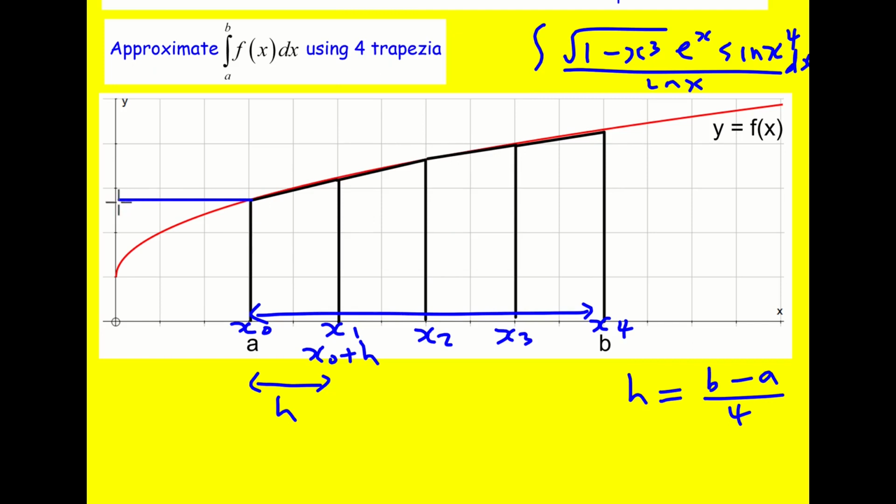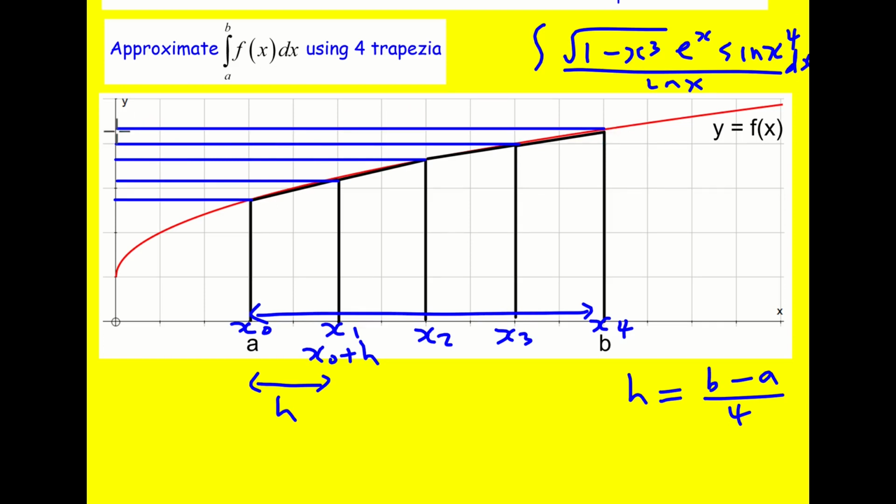So I'm going to draw these in blue, going along. I'm just showing you on the graph here where they would be. Obviously, we would just substitute into the function that we know, or we would know the function at that value, and then we're going to get corresponding y0, y1, y2, y3, and y4. Okay, brilliant.